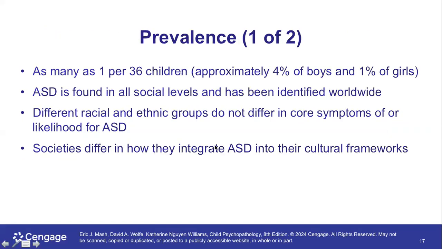So what's the prevalence? Now, in the DSM-4, it used to be said that there was roughly 1 in 2,000 children diagnosed with autism. Now, the DSM-4 was originally released in the 1990s, and then there was a text revision in the early 2000s. But it has grown. And we see currently it's about 1 out of every 36 children have a diagnosis of autism spectrum disorder. And you might ask yourself, well, what's going on with that?